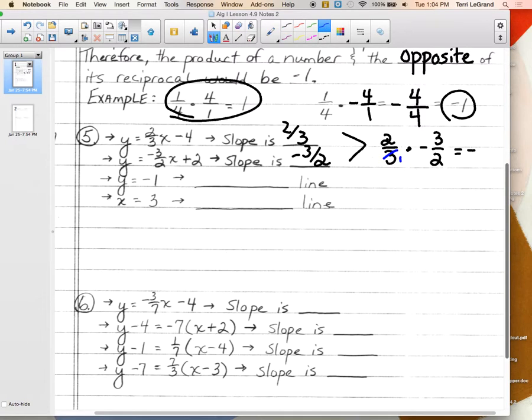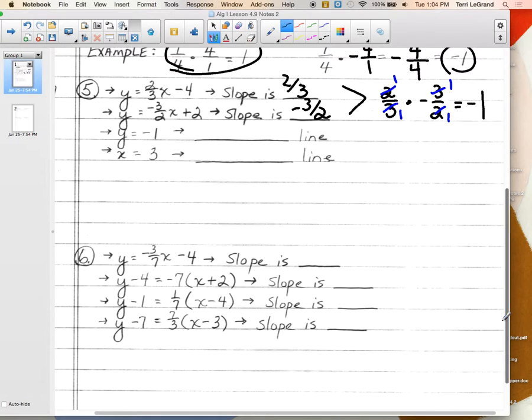I'd have 3 goes into itself once, up and down. 2 goes into itself once, up and down. So what do we end up with? Yeah, -1. So we do end up with a product of their slopes being -1. So we already could say those two at least are perpendicular, but before we do that, we're going to make sure there aren't any others that can join in that group.